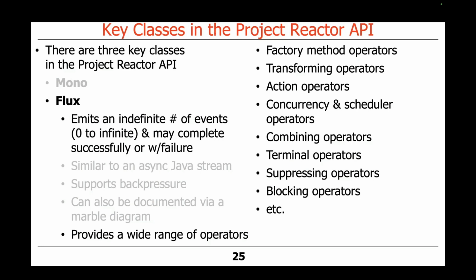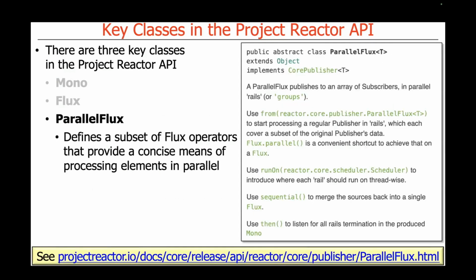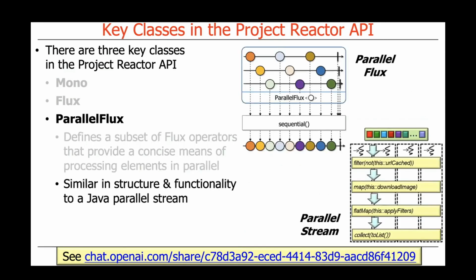And then the third and final class here is ParallelFlux, which is essentially a subset of the operators defined in a flux that provides a very concise means of processing the elements in the ParallelFlux stream in parallel. And this is quite a bit similar to Java parallel streams.